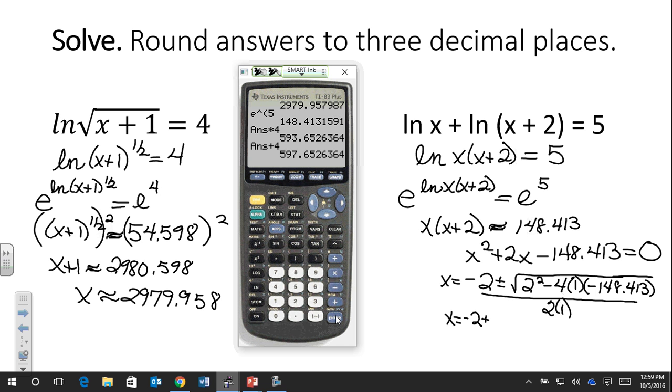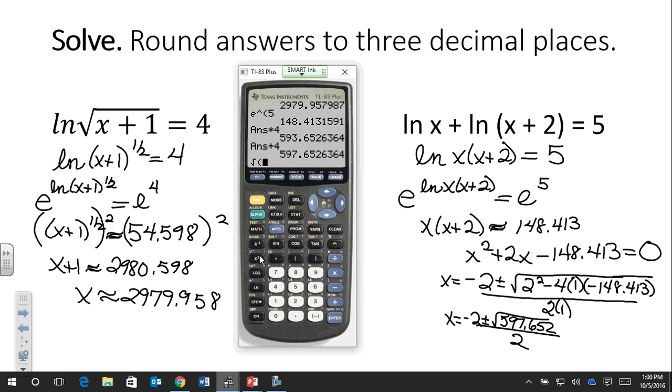And in our radical, we have negative 2 plus or minus the square root of 597.652 all over 2. Okay? Crazy number. Now, let me show you a trick. So we're going to take the square root of that.